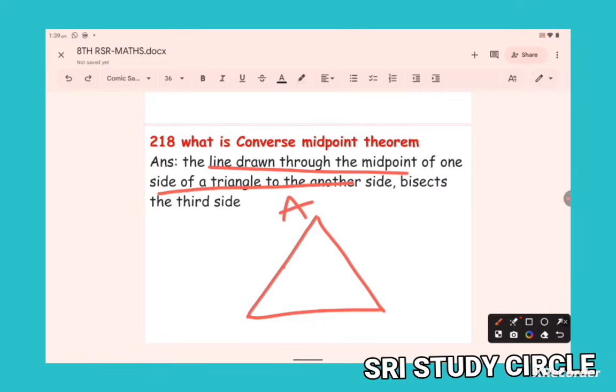In a triangle, a line passing through the midpoint of one side and parallel to another side bisects the third side. Suppose D is the midpoint of AB, and a line passing through D is parallel to BC, then DE bisects the AC.